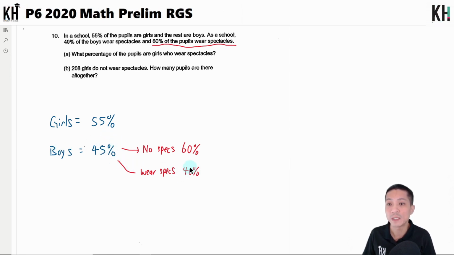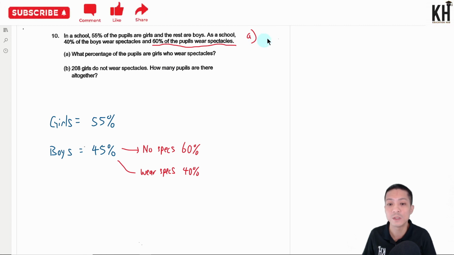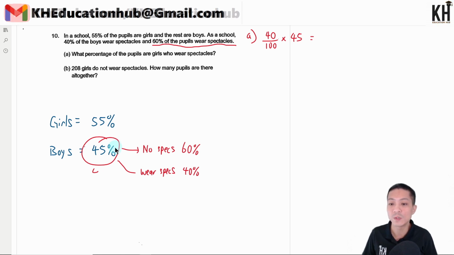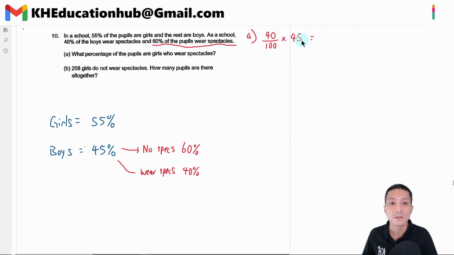Since 40% of the boys, we need to find out what is 40% of 45%. Okay, so at this point, if you're confused, you can treat this as 45 units instead of 45%. But once you're used to it, you should be comfortable with finding a percentage of a percentage.